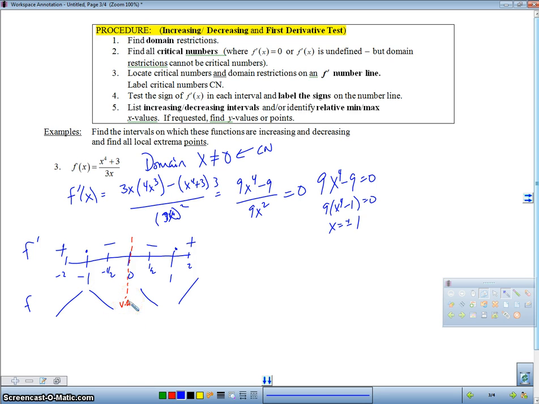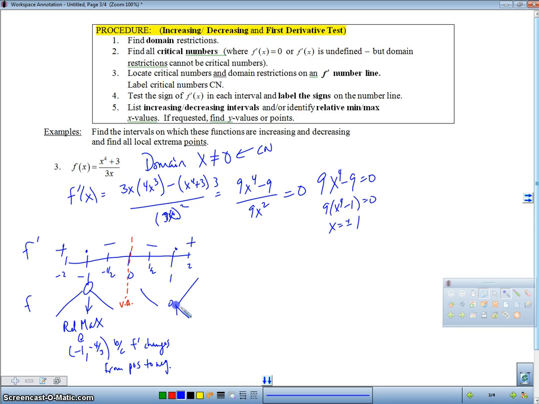So how are we going to write this up? Right at this spot we have a relative max at -1, and if I plug -1 back in, I end up with -4/3, because f prime changes from positive to negative.